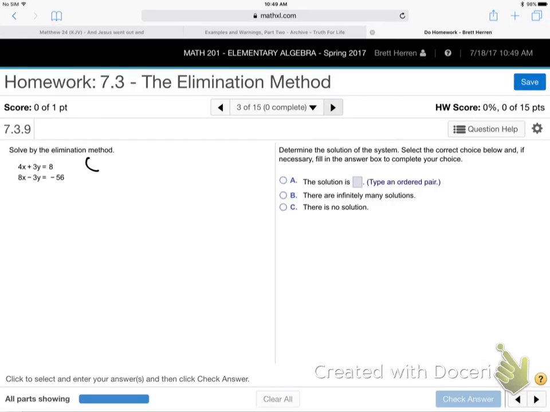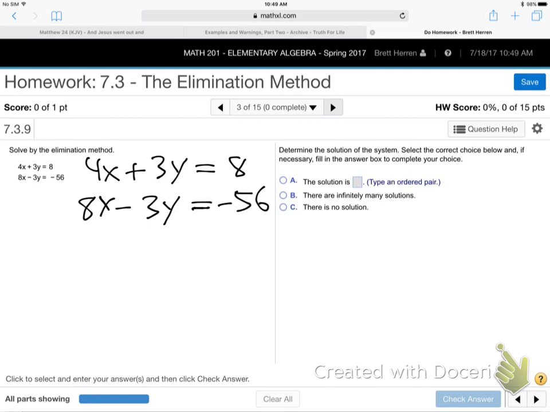Okay, so 4x plus 3y is 8. 8x minus 3y is minus 56. Okay, same thing. Try adding those vertically straight up and down.